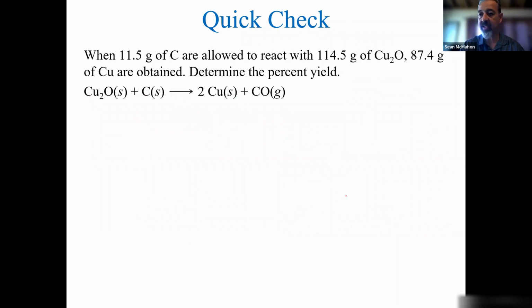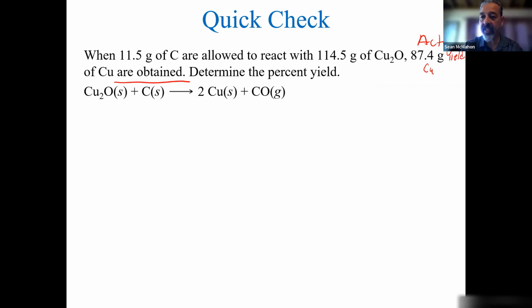Now let's try it with some of the calculations we did. When 11.5 grams of carbon are allowed to react with 114.5 grams of copper 1 oxide, we actually obtain, so when you say obtain, that's your actual yield, that many grams of copper.